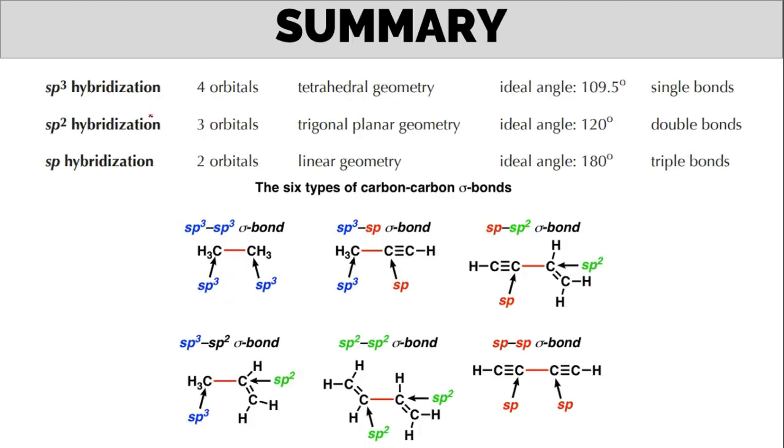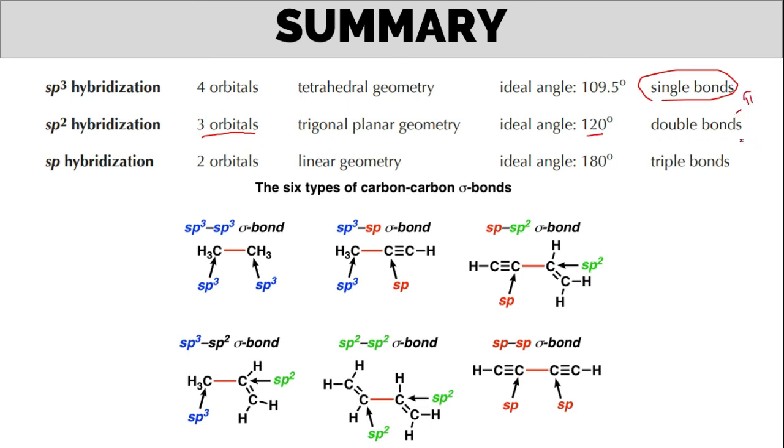To summarize our discussion, we have this. In sp3 hybridization, you have 4 orbitals, and the shape is tetrahedral geometry. They are single bonds. In sp2 hybridization, you have 3 orbitals, trigonal planar geometry, and the angle is 120 degrees. You form double bonds because you have one pi bond.